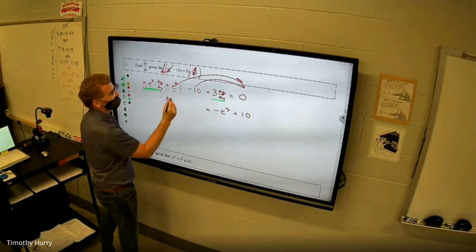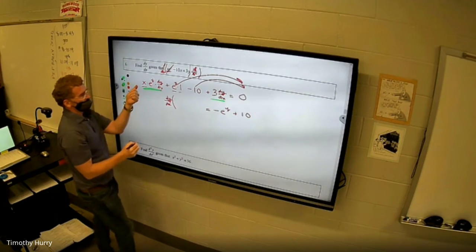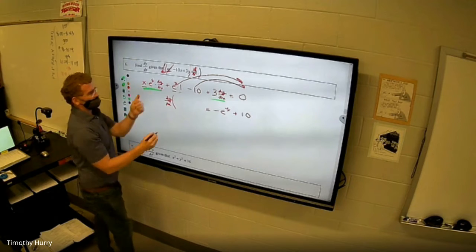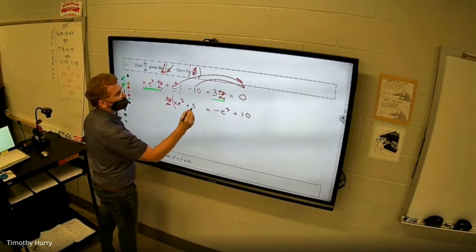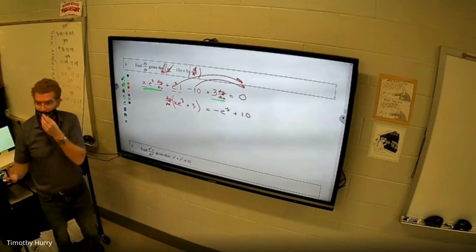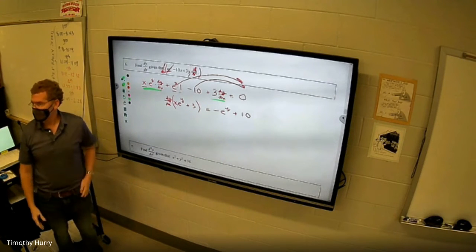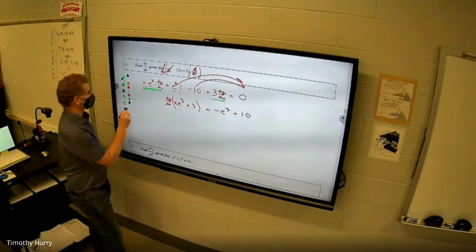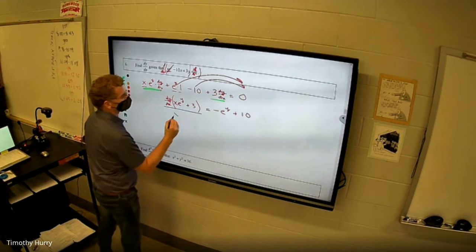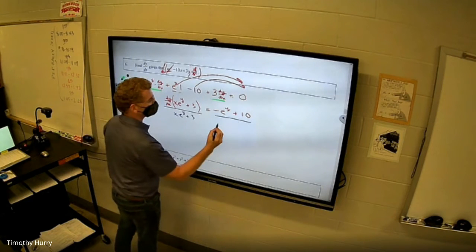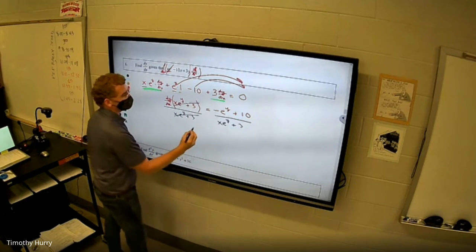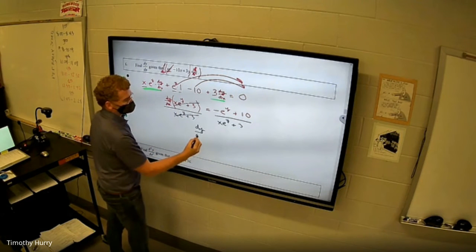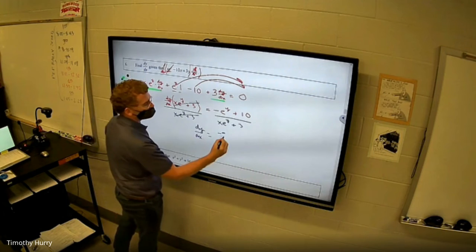And what would I have once I factor it out? x e to the y plus 3. And then, so I should be able to do all that in one step. And then the last thing I do is divide by whatever is being multiplied by dy dx, canceling all of that and getting dy dx.